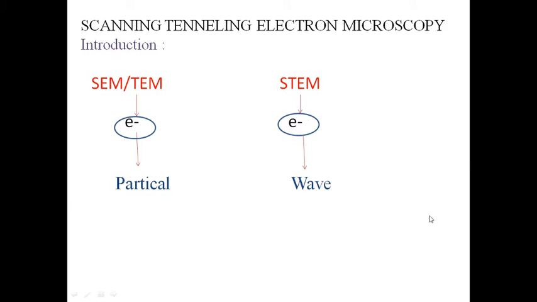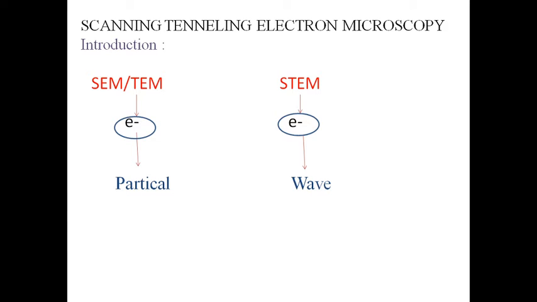Here the word electron is used because we use electrons. In SEM and TEM, the electron behaves like a particle. In scanning tunneling electron microscopy, the electron behaves like a wave.